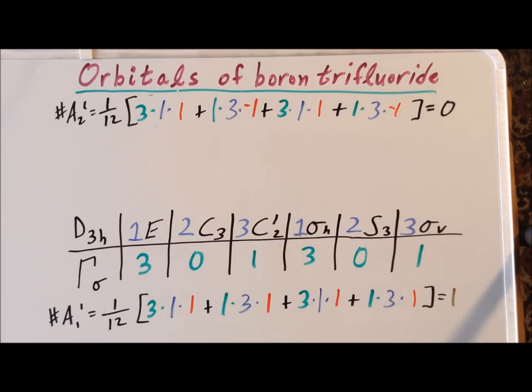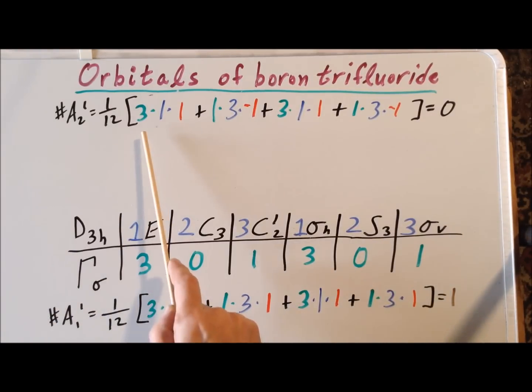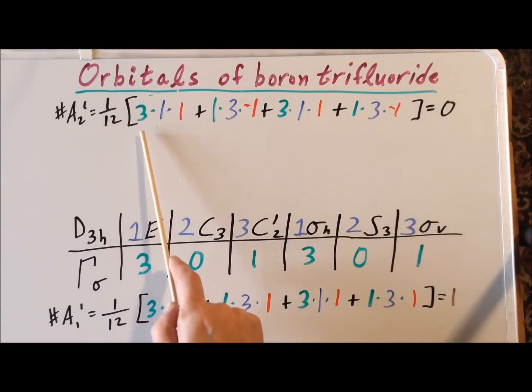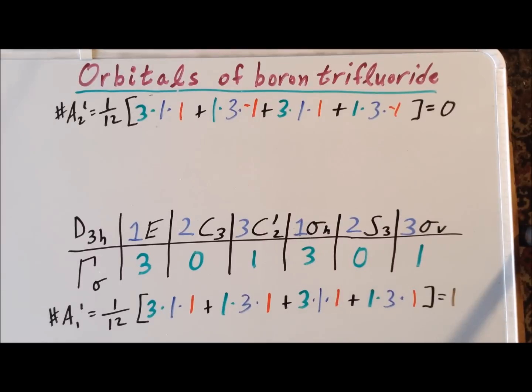And now I can show another labor-saving device, or if not a labor-saving device necessarily, and also a good way to double-check your work. When you're reducing the reducible representation, and you have this series of factors and terms, in every term, the first 2 factors will always be exactly the same because they come from the reducible representation and the number of symmetry operations in the class, which doesn't change.